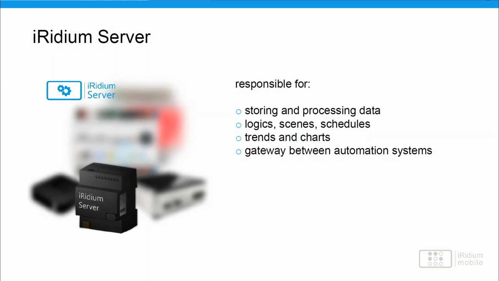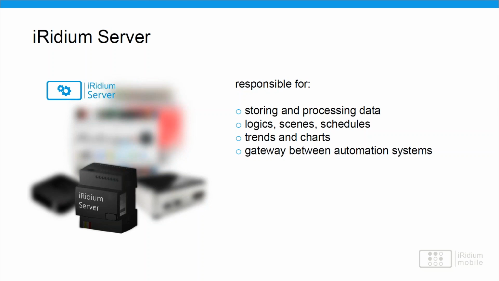To create a trend, you need data about some variables over some time, from one date to another. With this data from the database, you are able to create a trend in the visual interface. So iRidium server stores this data and the iRidium client, the i3 Pro app, shows these trends and pie charts and bar charts in the application.